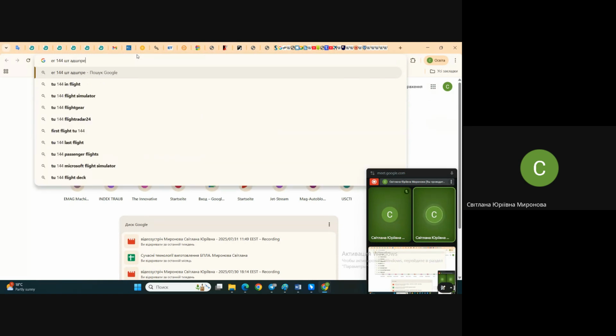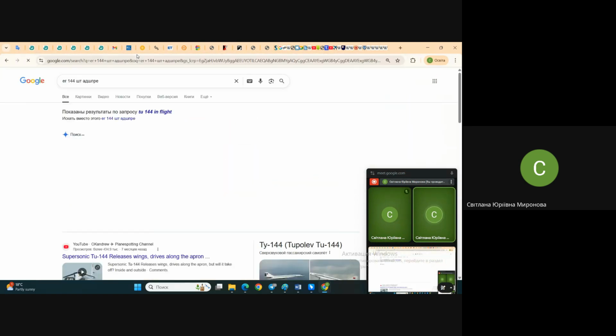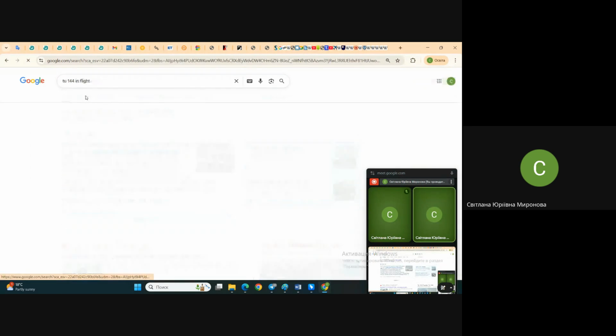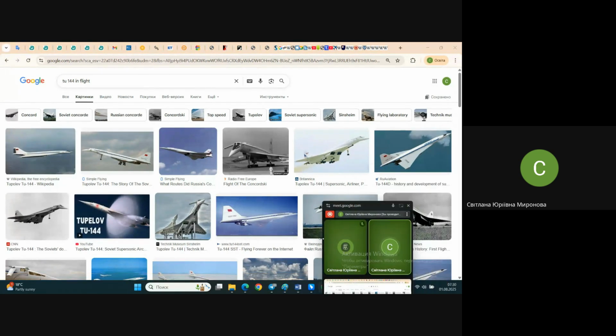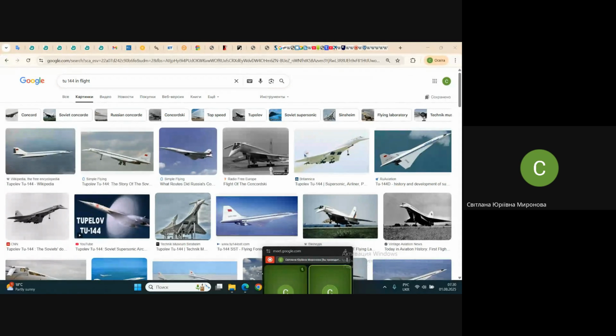In flight, look, it's completely straight, the nose not deviated, and do compare. What is visible in the two photos? The difference is significantly visible.